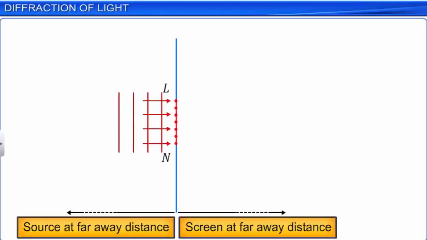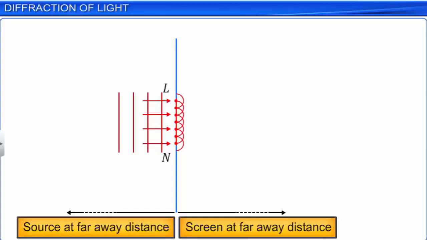According to Huygens' principle, every point on the wavefront acts as a source of secondary wavelets that spread out in all directions with a speed equal to the speed of propagation of the wave. Consequently, we find so many microscopic point sources of light between L and N, which produce secondary wavelets.